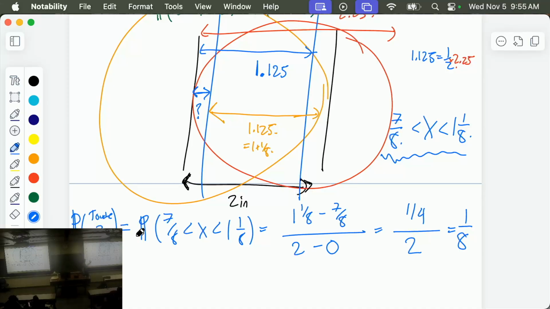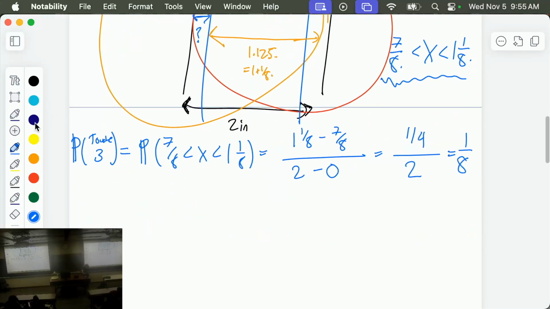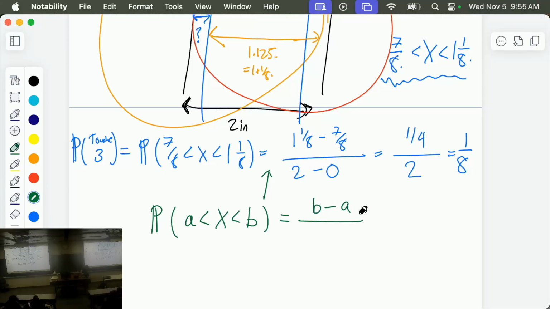So the probability it touches 3 is the same as this. And then here I use the formula that I mentioned before. For these uniform random variables, the probability x is in some interval AB, a less than x less than b, or less than or equal to, however you're going to do it, is b minus a divided by the total length of the interval that x could be in.